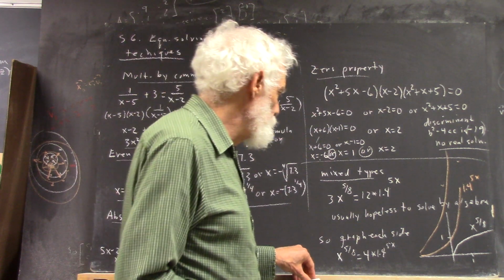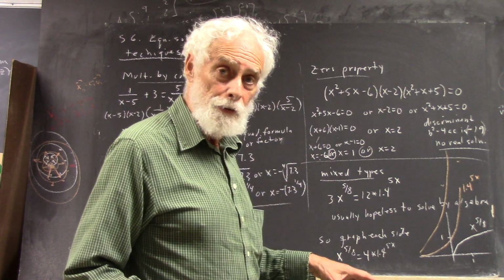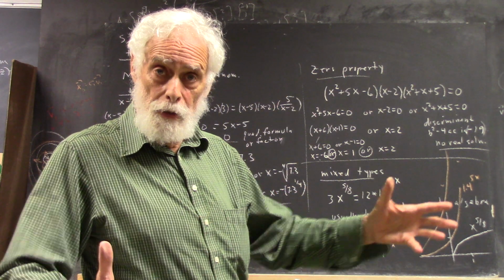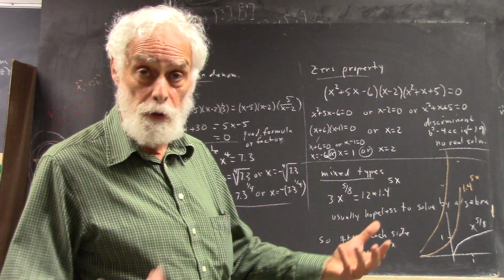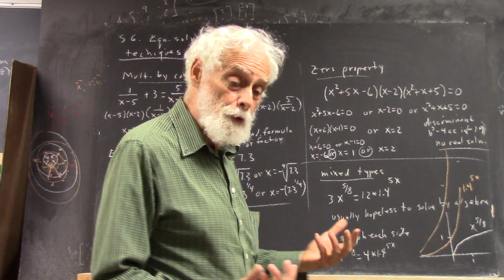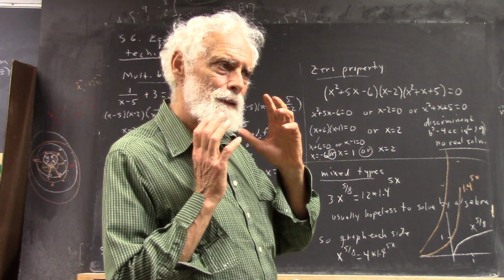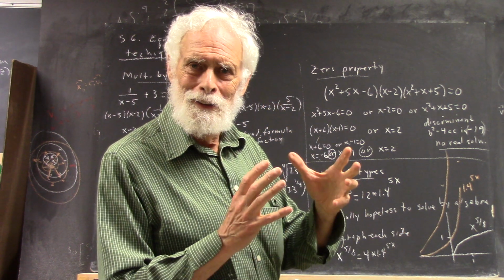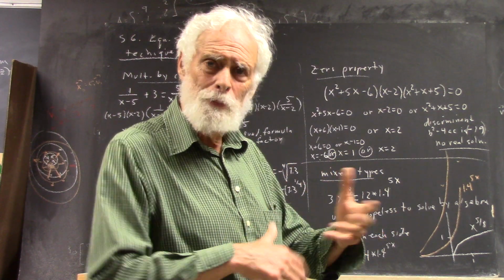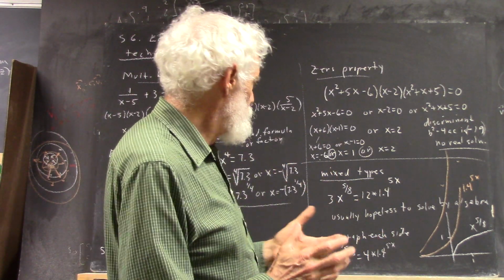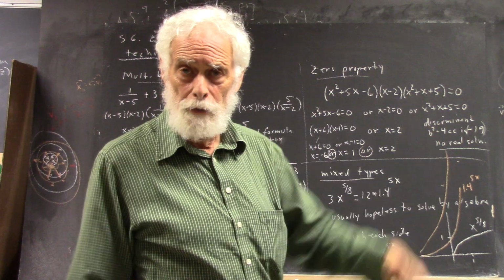Now, if you were able to graph both sides and find that it looks like they have an intersection point, or more than one intersection point, you can say, okay, a sloppy graphical approximation tells me we should have a solution around x equals whatever.